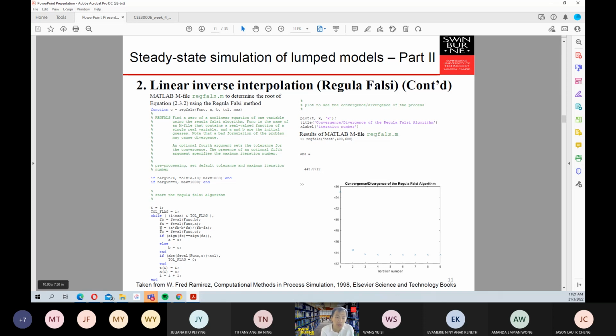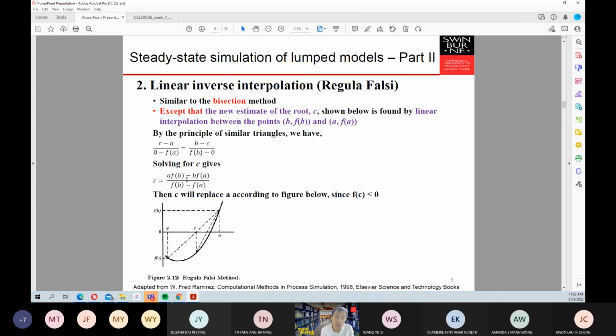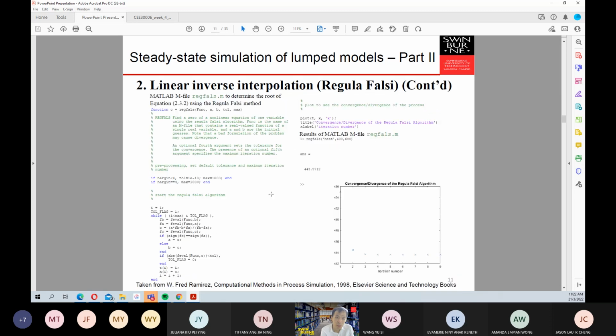The value FA will be the function evaluation of that function at the point A. Then it will use the formula in here to calculate the value of C. Then it will do the function evaluation of the function at the point C. If the sign of FC is equal to the sign of FA, then A will be equal to C.